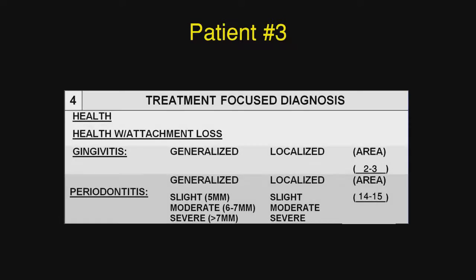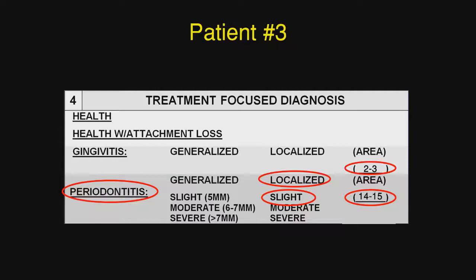Now let's talk about patient number 3. This patient has a periodontitis. It is localized. It is slight. And look where it's located, in the maxillary molar areas. So the treatment-focused diagnosis on this patient would be a localized, slight periodontitis in the maxillary molar areas.